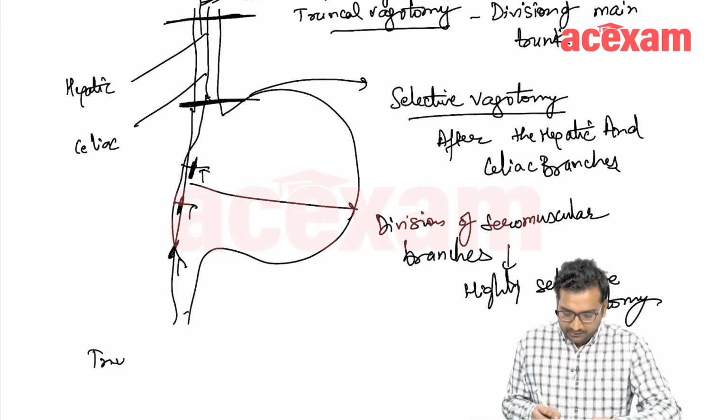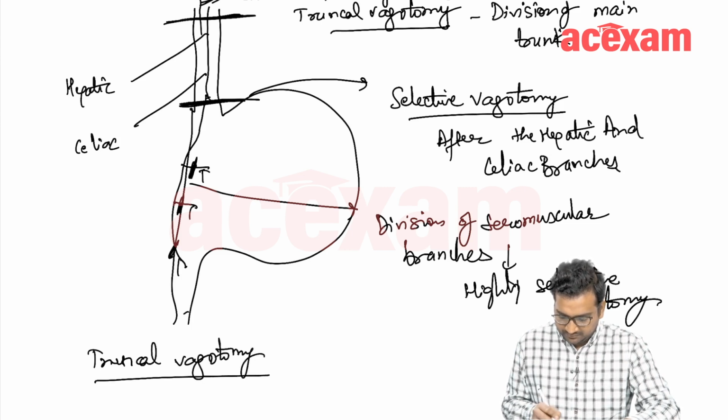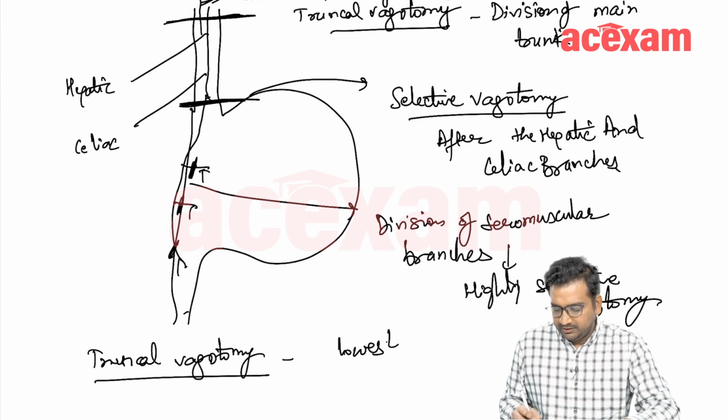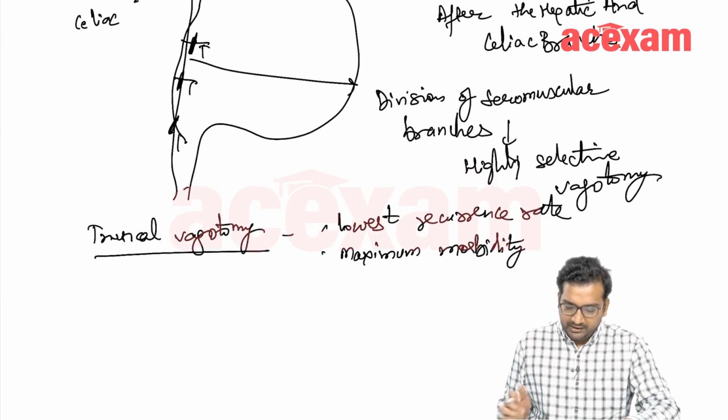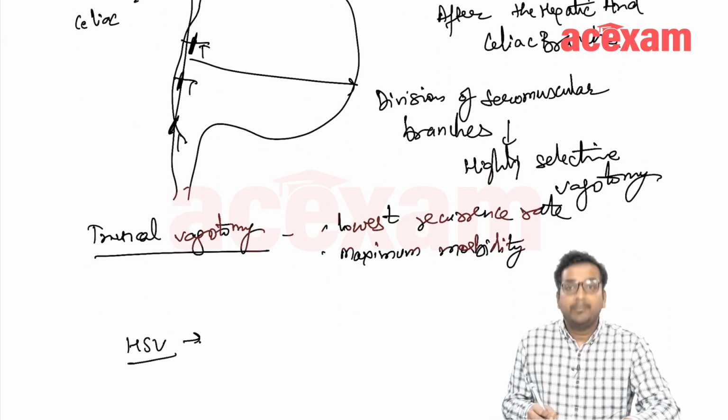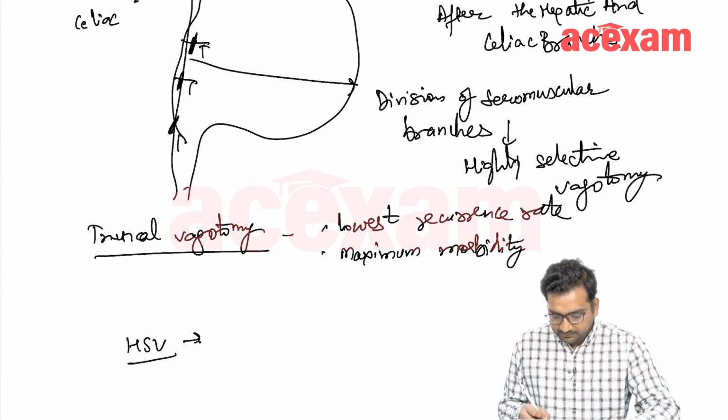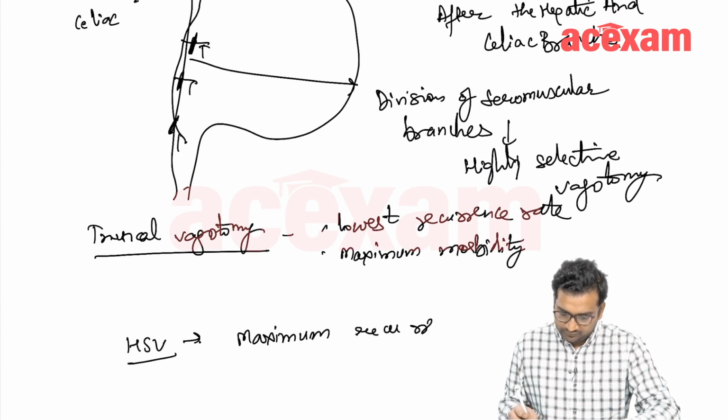So truncal vagotomy has the lowest recurrence rate but maximum morbidity. On the other hand, highly selective vagotomy, HSV, has the maximum recurrence rate but lowest morbidity.